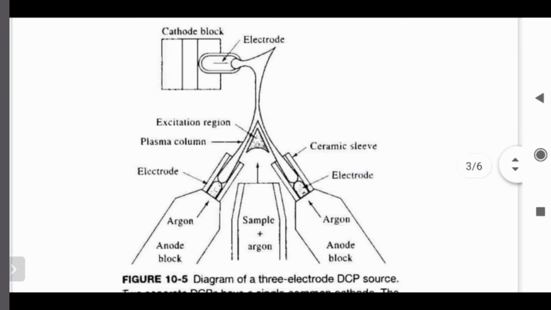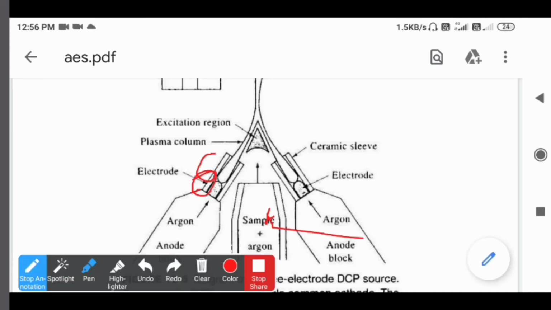Okay, so there are two anodes which are made up of graphite, and through these anodes we are injecting the argon gas.